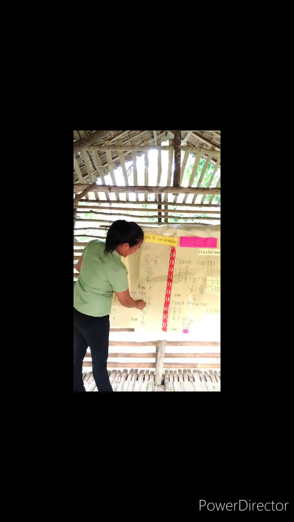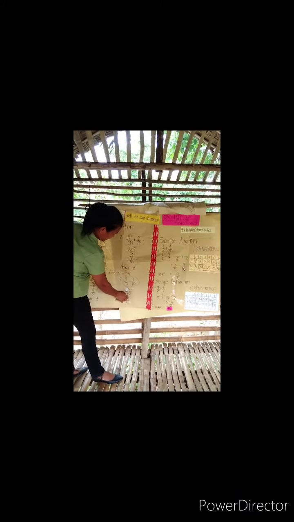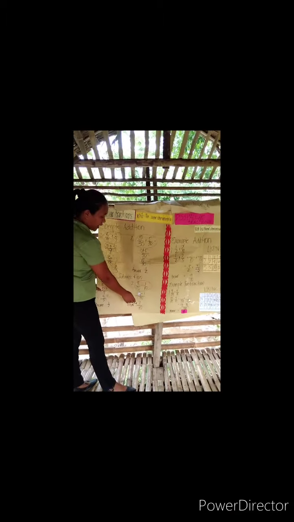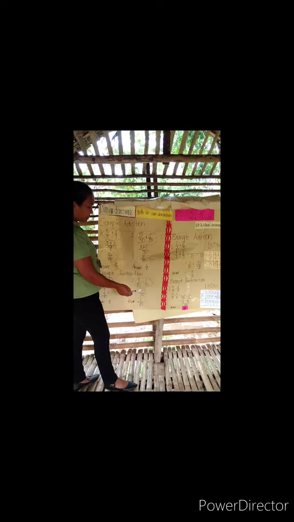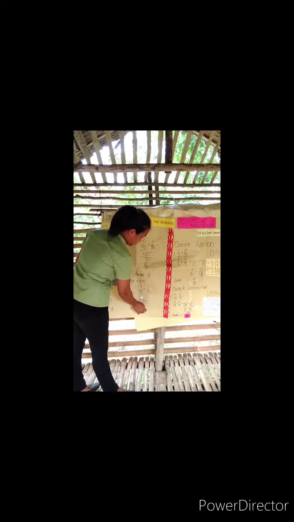So, 8 minus 1 is equal to 7. Then, copy the denominator. So, 7/10. Can we still simplify it, class? What number can divide both? So, none. It cannot be simplified, because there is no number that can divide both numbers.